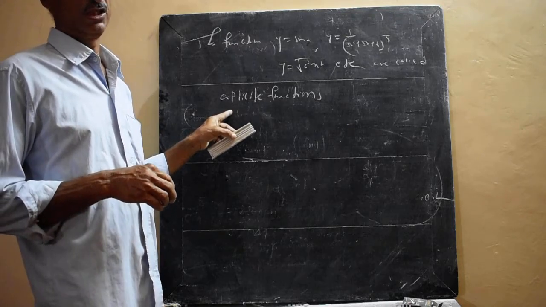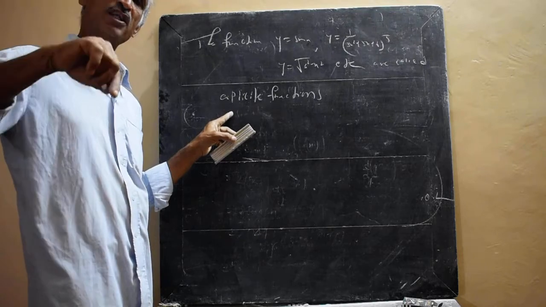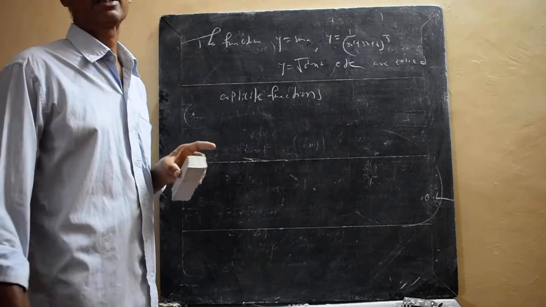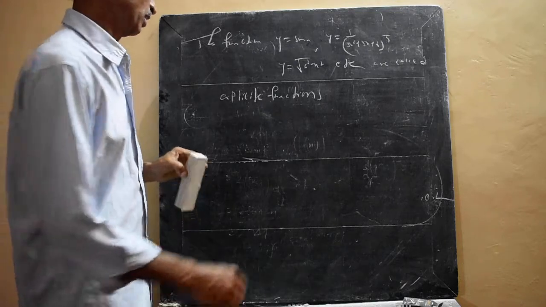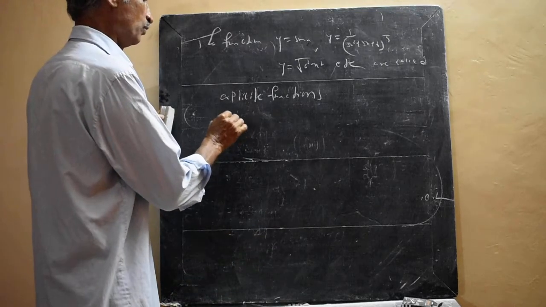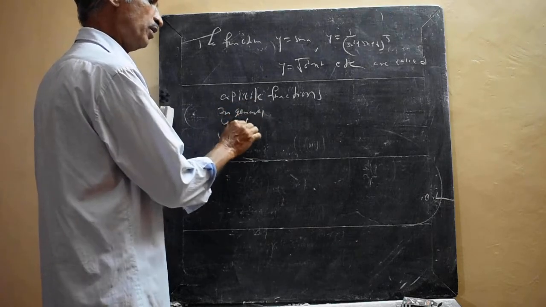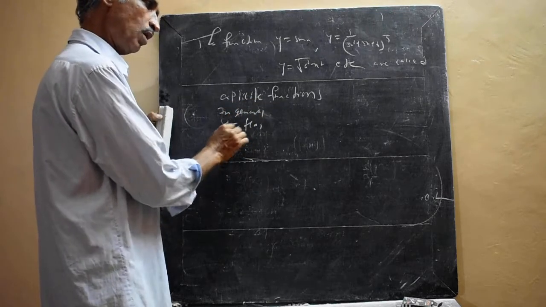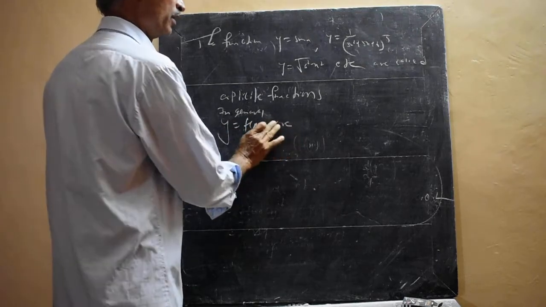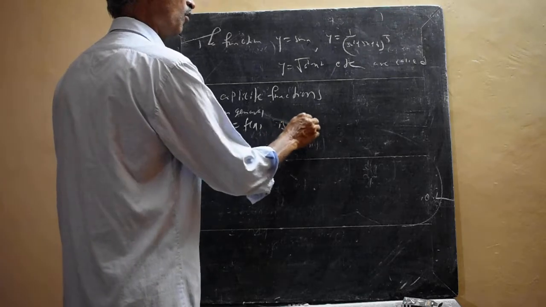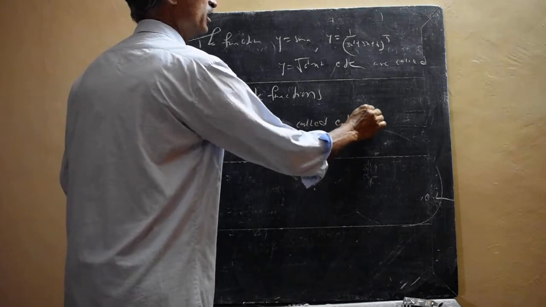Now coming to the implicit function concept. What is an implicit function? If x and y are in mixed form, then it is called an implicit function. In general, y equals f of x, where y is only an expression in x, is called an explicit function.